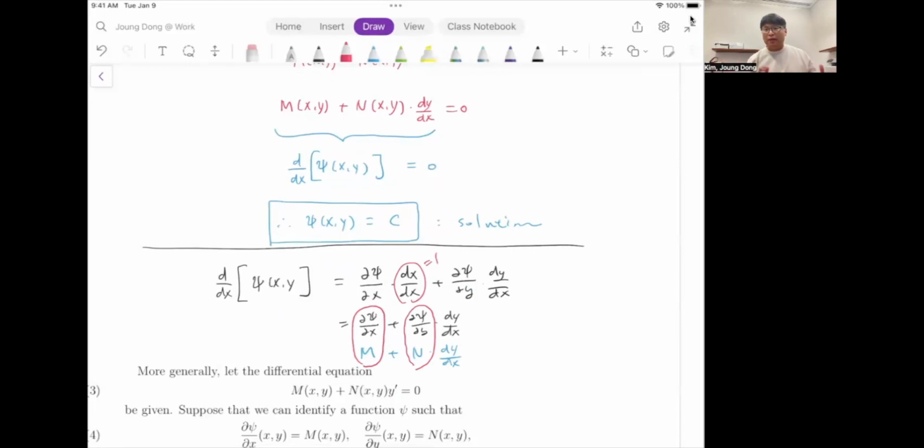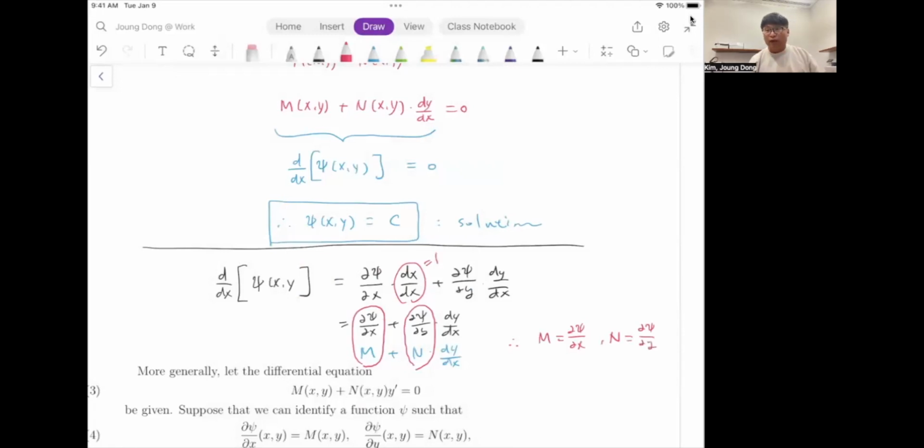Then we can say your left-hand side is the total derivative of your function psi with respect to x. Does it make sense? So this is very important. Let me rewrite this one more time. As long as M is equal to d psi over dx and N is equal to d psi over dy.